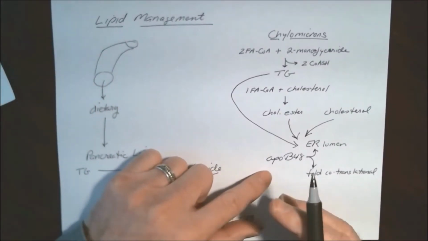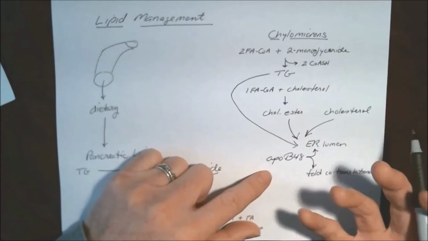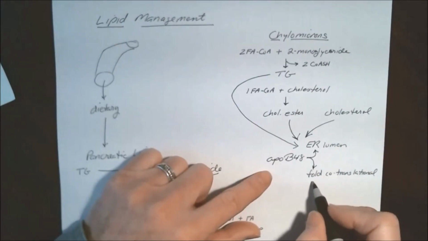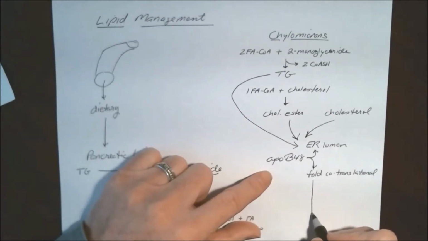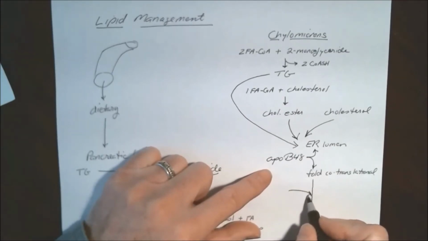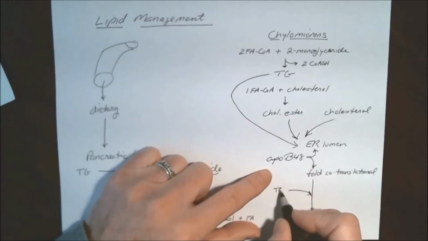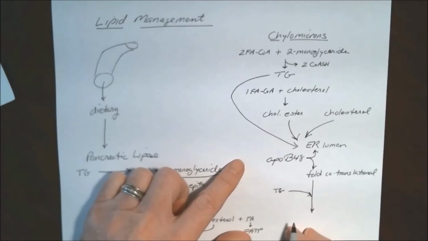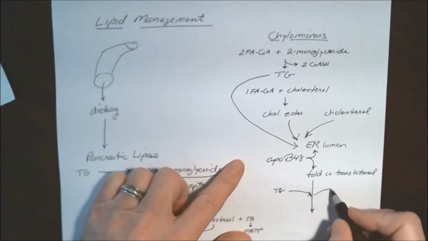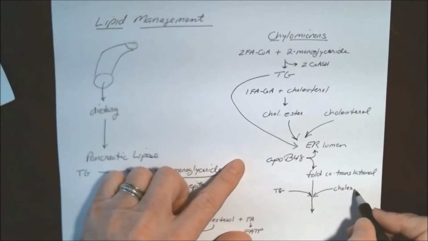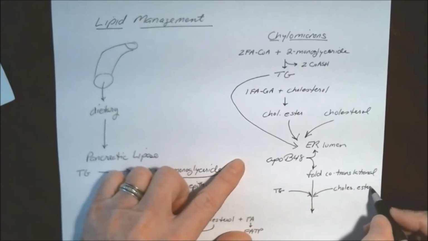Now, as the protein is beginning to fold and construct itself, it is going to be acquiring triglycerides from triglyceride transfer proteins. It's also going to be adding cholesterol esters.